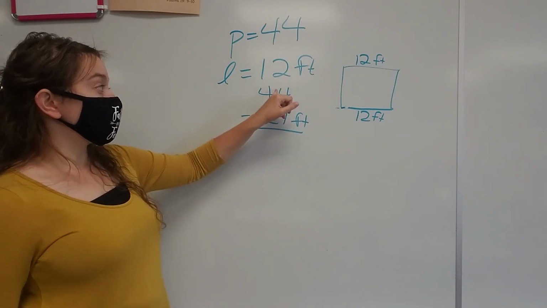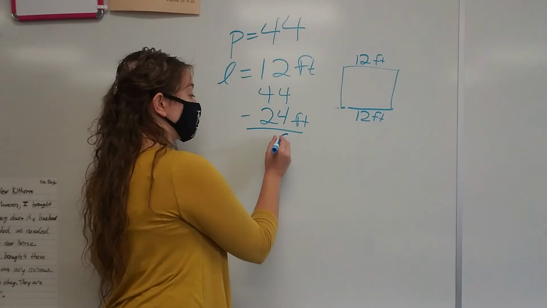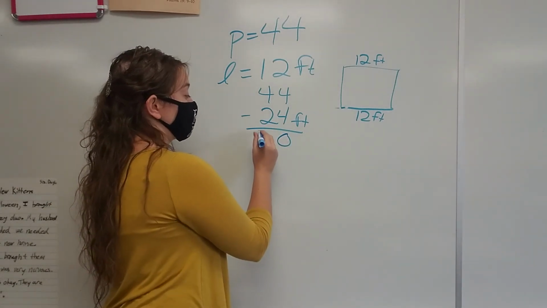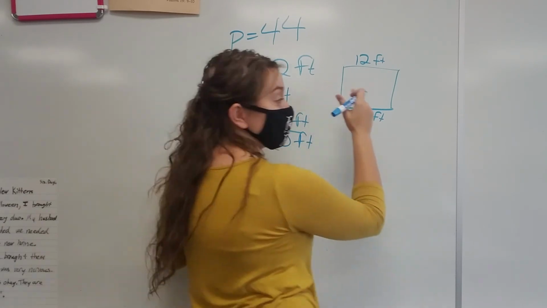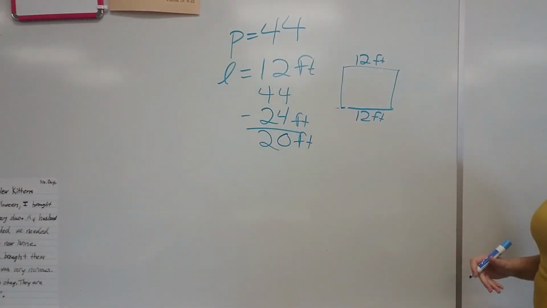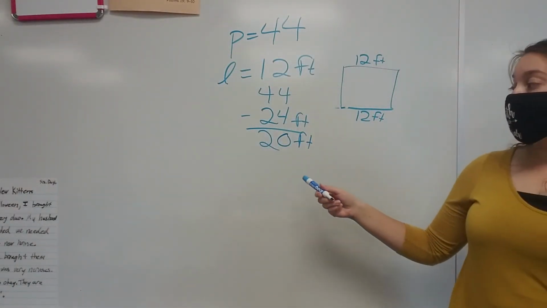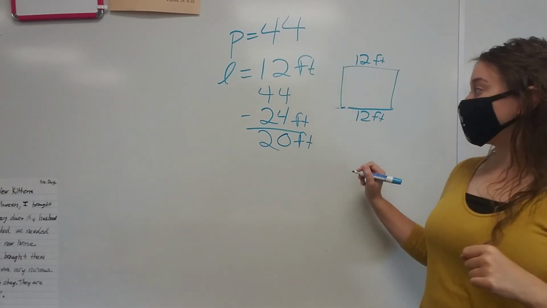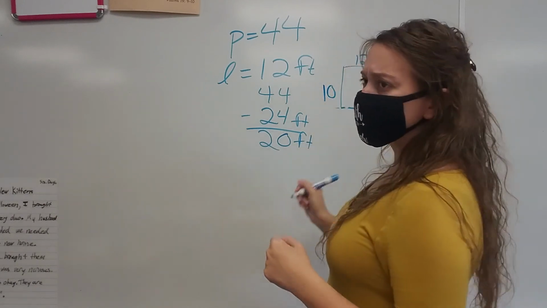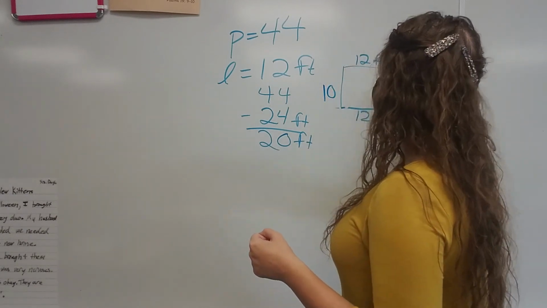So what's 4 minus 4? 0. And 4 minus 2? 2. So we have 20 feet that we have to split evenly over here. So we're going to divide it by 2. What divided by 2 gets us 20? 10. Or what times 2 gets us 20, sorry. So let's check.